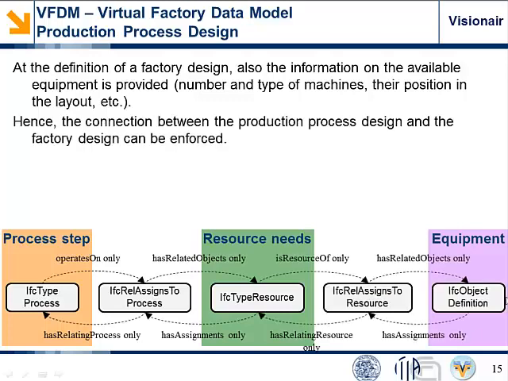And in this case we have this class defining an object definition, so an actual machine within a system, and we need to specify through this relation that this kind of object is able to provide a service identified by this resource needs.